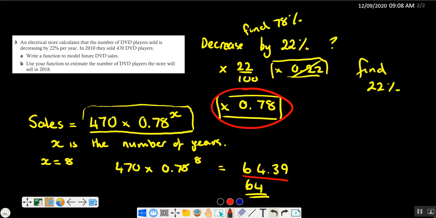Don't just round it, because if, for instance, they wanted an answer of 65 and you wrote 64, there's a reason to say you're wrong. But if you wrote 64.39 and they agree with that bit, and then you round, they'll give you the marks. You've made a perfectly reasonable decision. But if you do it without the unrounded bit, there's just a little bit of doubt. All right? Okay, easy question. It was just the percentage bit that I wanted to make you think about.